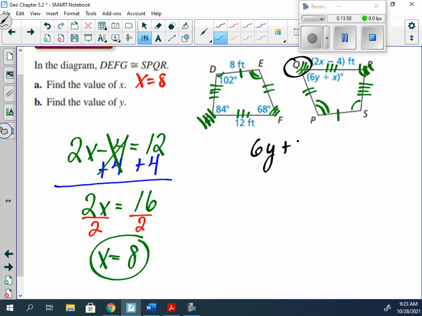So 6Y plus X is equal to 68, because again, corresponding angles are congruent. We don't know the value of Y, but what's the value of X? 8. So we can actually plug it in. We couldn't solve for Y first because we didn't know the value of X.